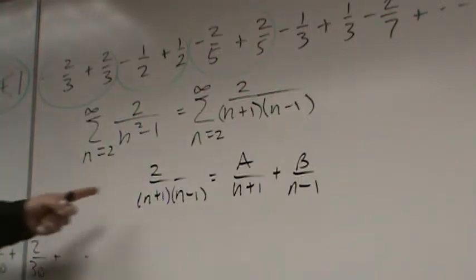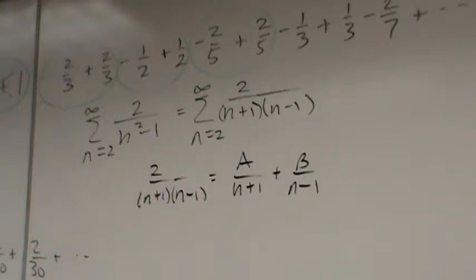I urge you to write out the first step. Sometimes kids want to skip that very first step, and then they'll end up getting A and B, and they'll put the A and the B over the wrong denominator. So it's really nice to be able to consult with that very first step to know who the A goes over, who the B goes over.